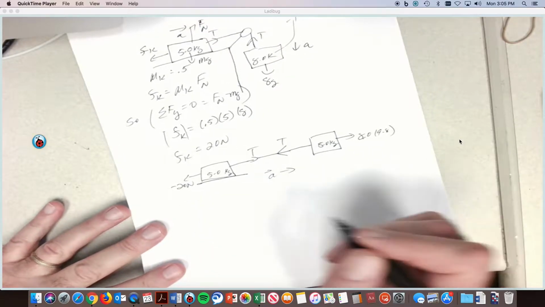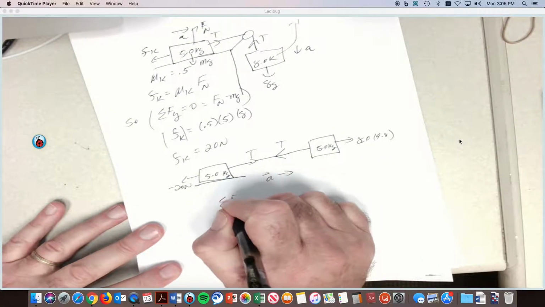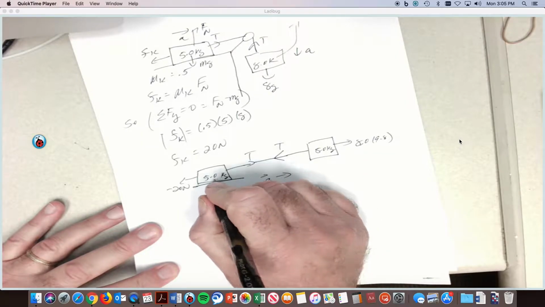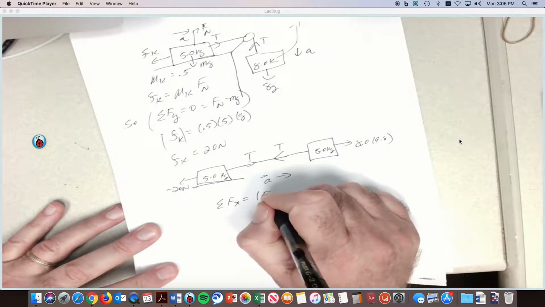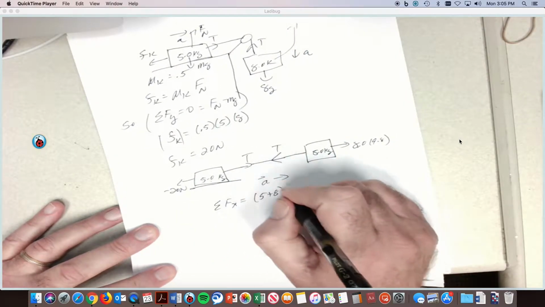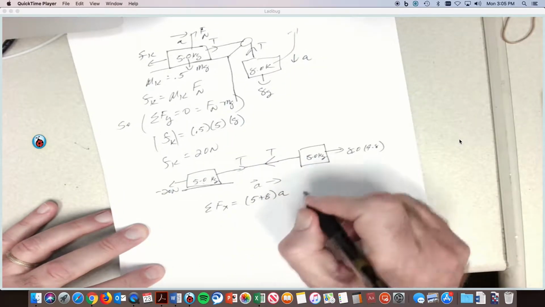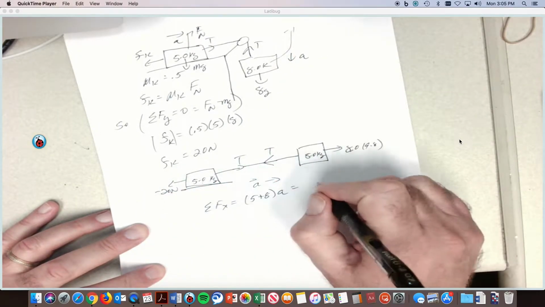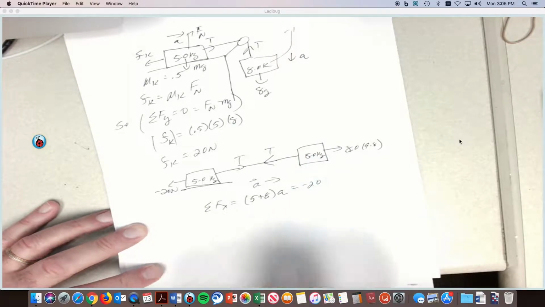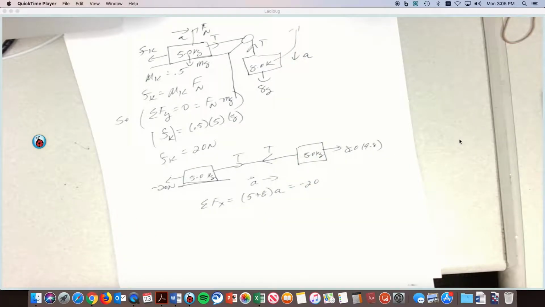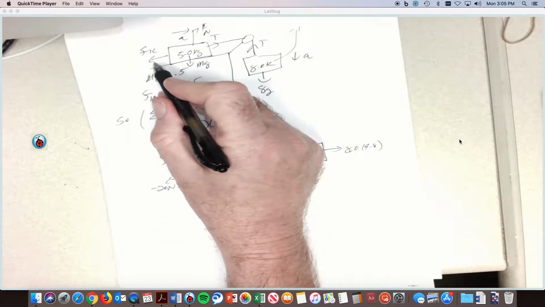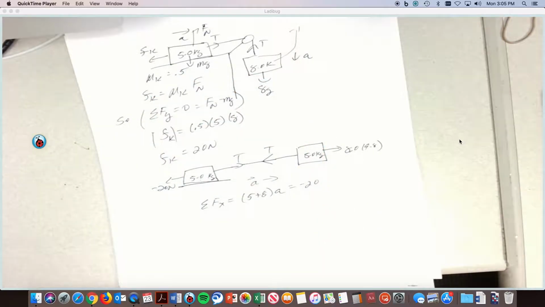So let's take, once again, the sum of the forces in the x direction, which is equal to 5 plus 8, which is 13, times a, which we don't know, which is equal to, let's just add them up, minus 20. So all we've done is we've just taken the Atwood's problem and added a force here. So the acceleration is going to be a little bit slower than what we had in the Atwood's problem.